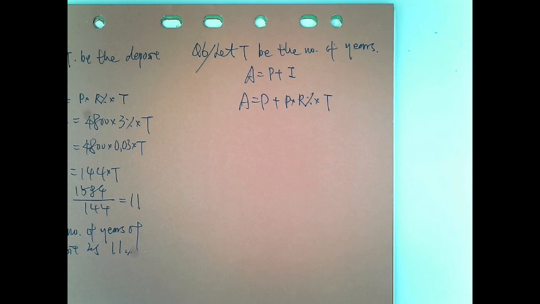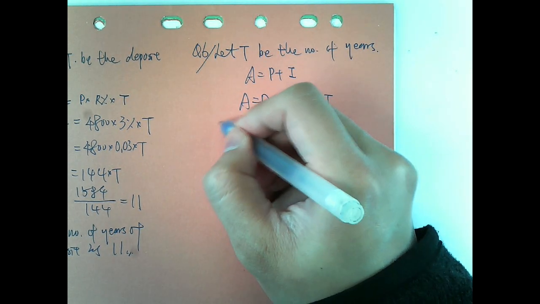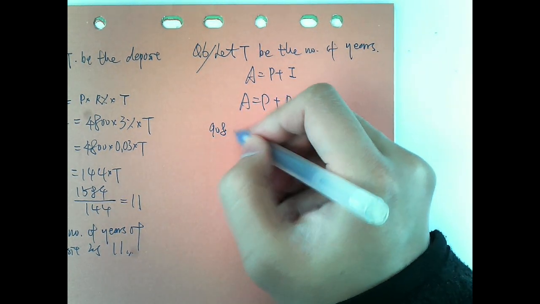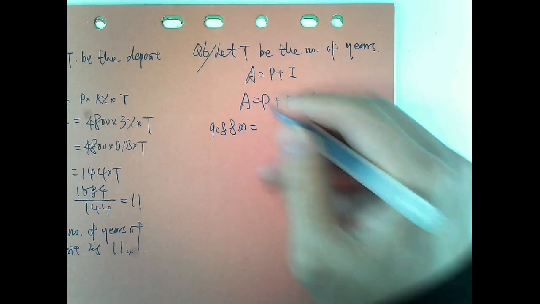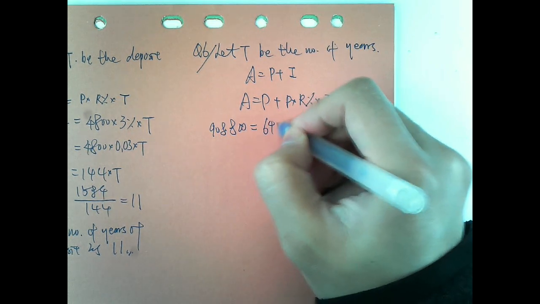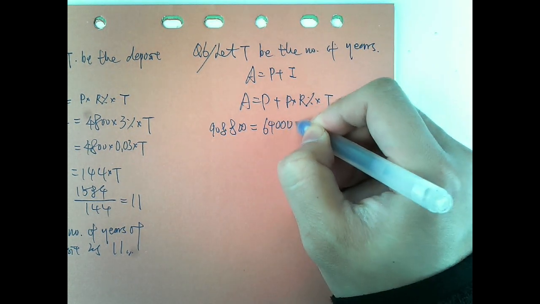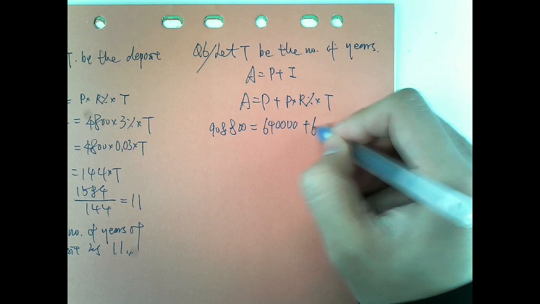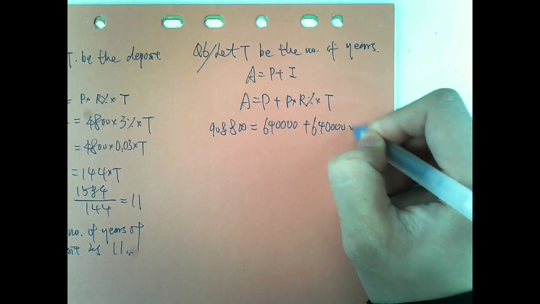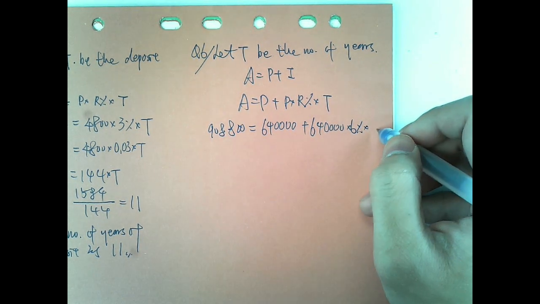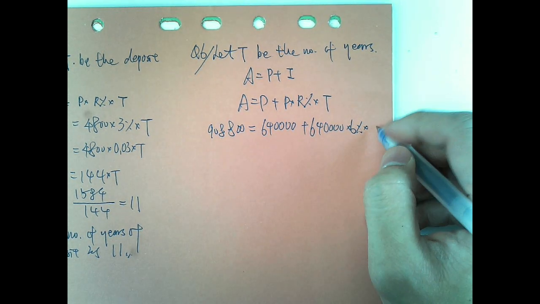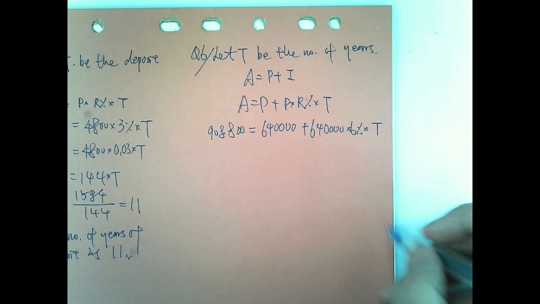Then this A would be this. The P would be 640,000. 640,000 times R percent, it should be 6%, right? And then T is what you have to find.